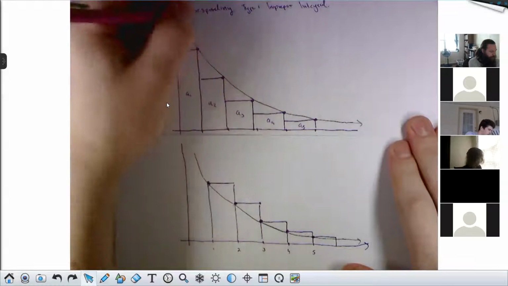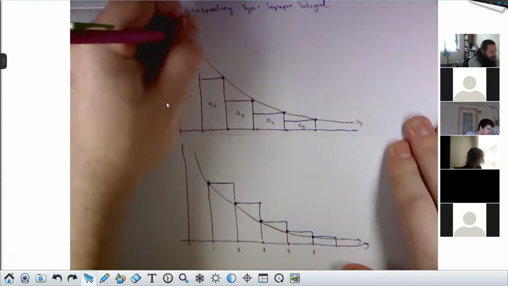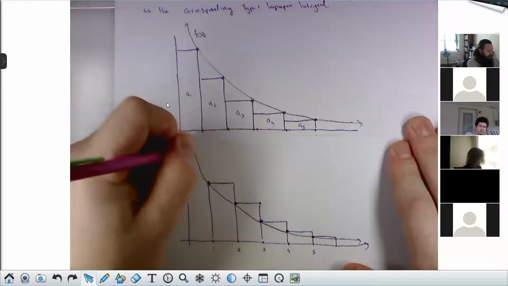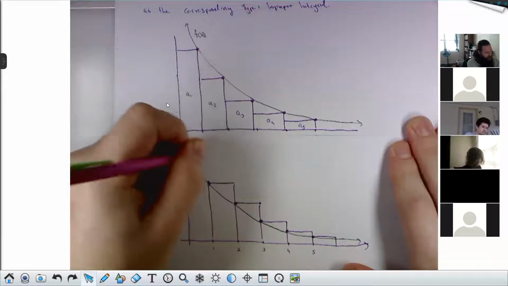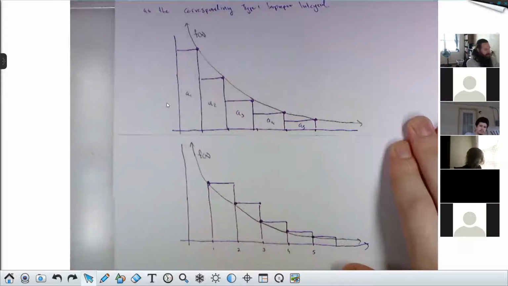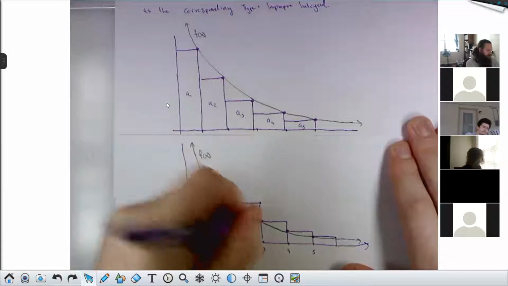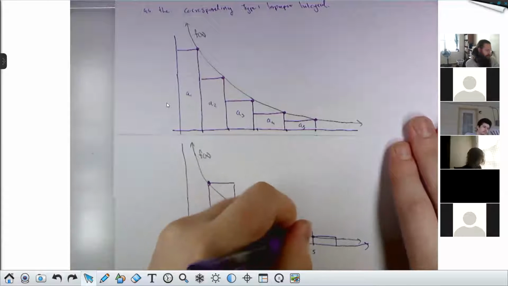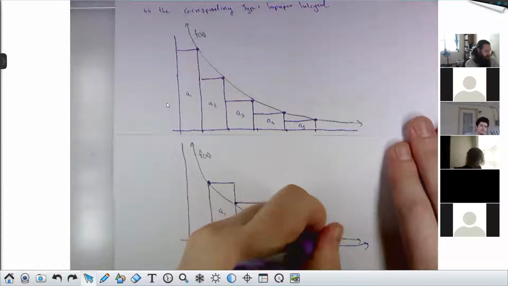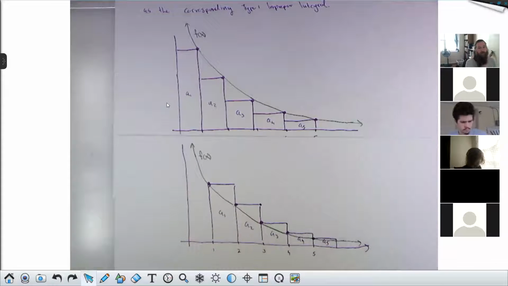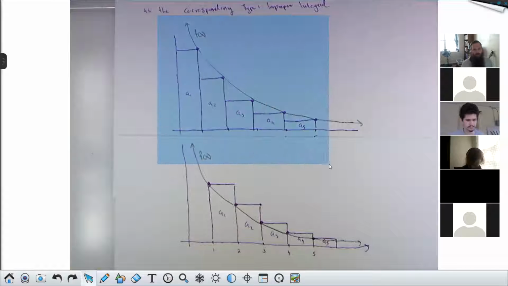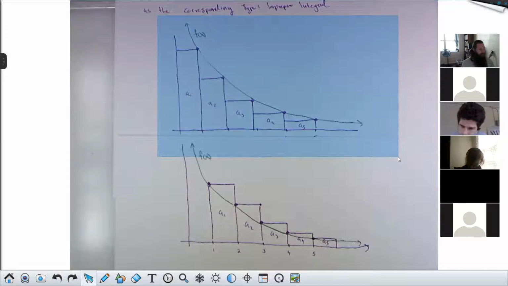So the curve here is f of x. That's the pencil. And the rectangles represent the terms of the series. So here, imagine the integral of f of x is finite.